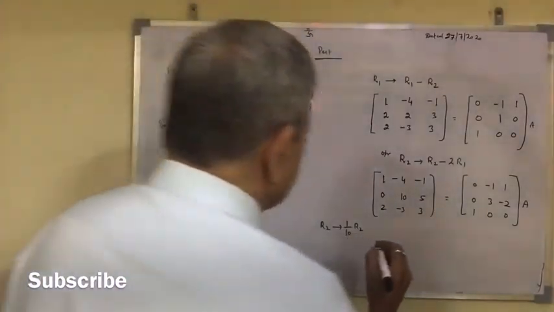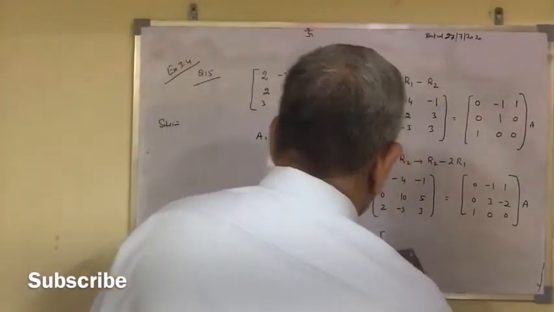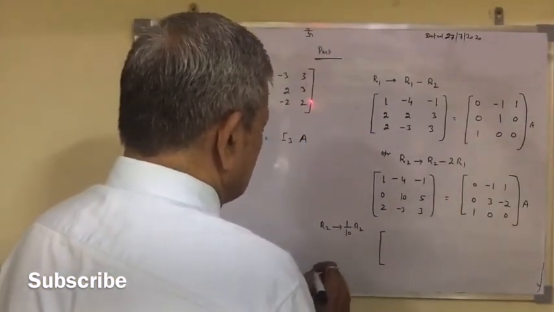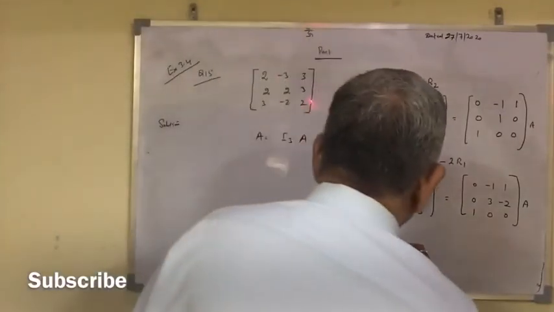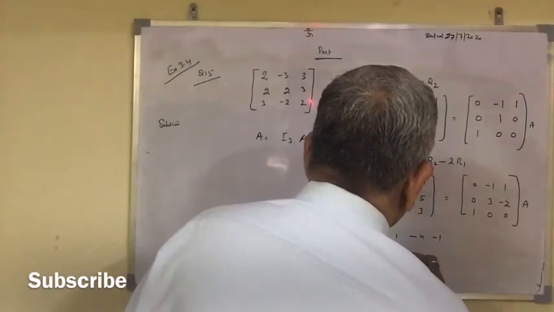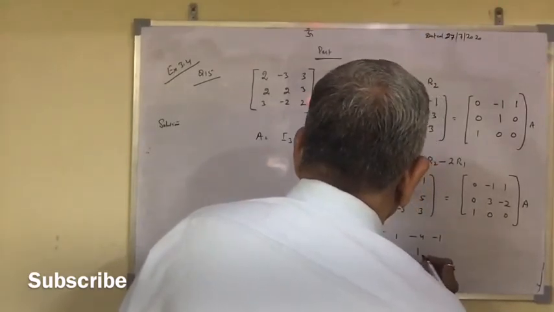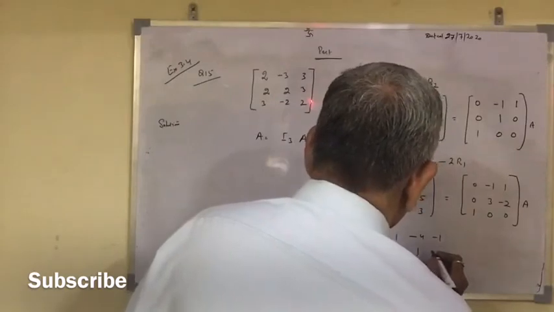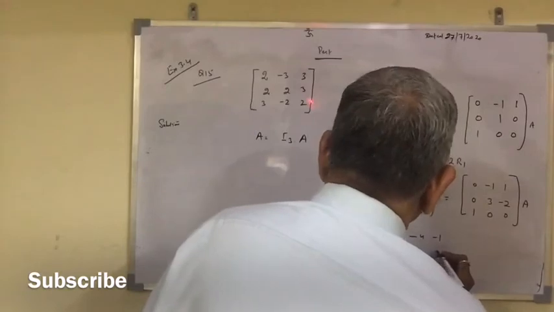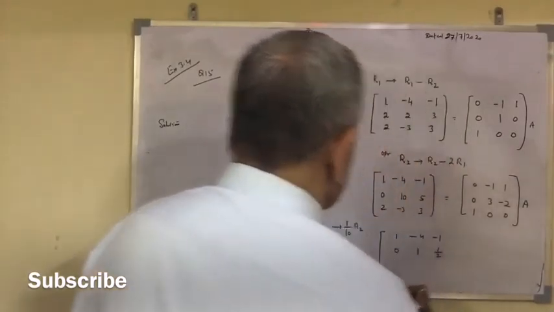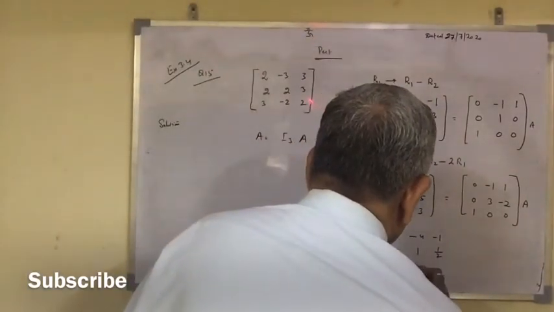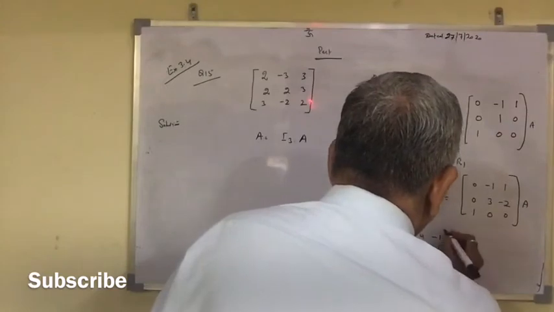So you would find this operation will be again R2 to 1 by 10 of R2. So this gives you your operation 1 minus 4 minus 1, this gives you 0, this is your 1, and this is 5 by 10, so means 1 by 2 is there, and here is your 2 minus 3 and 3.